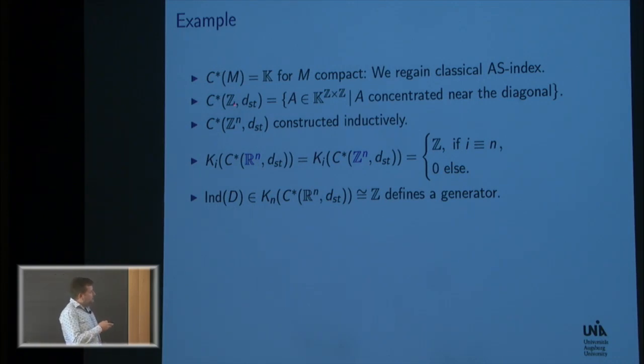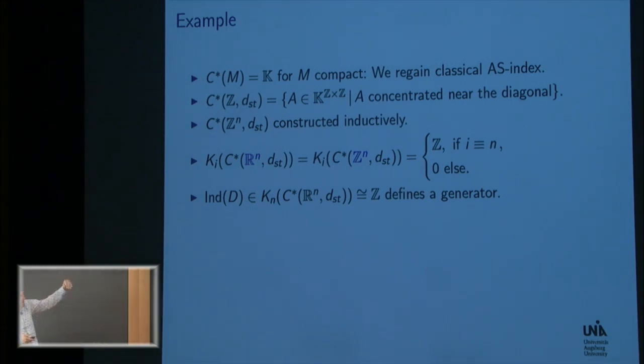Now let's take this metric space. It's non-compact, so it's a discrete metric space. It's the integers with a standard metric. And then it turns out that this algebra is actually given by infinite matrices parameterized over Z cross Z, so they are infinite in both directions.